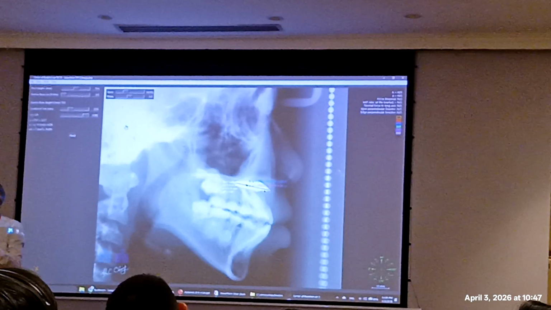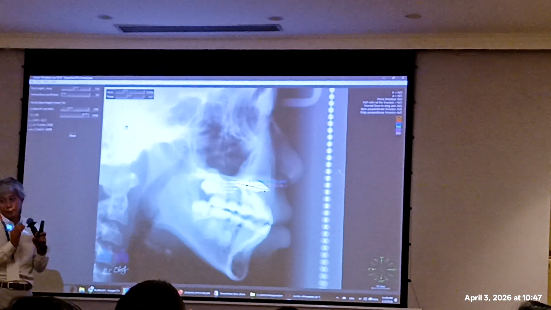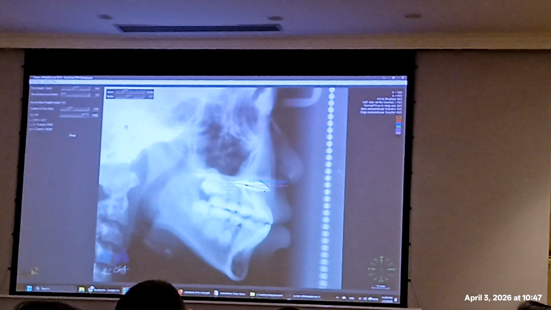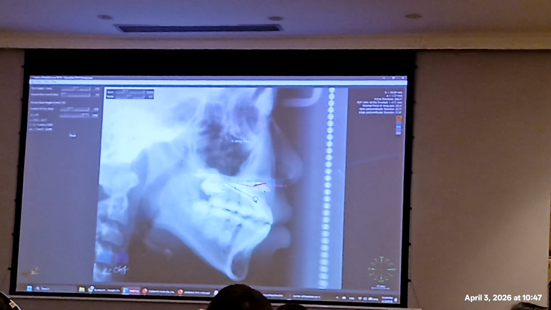So I have to move the incisal tip inside. So rather than a straight one-stage operation, I move it backwards like this. This is the first stage that I have to do.